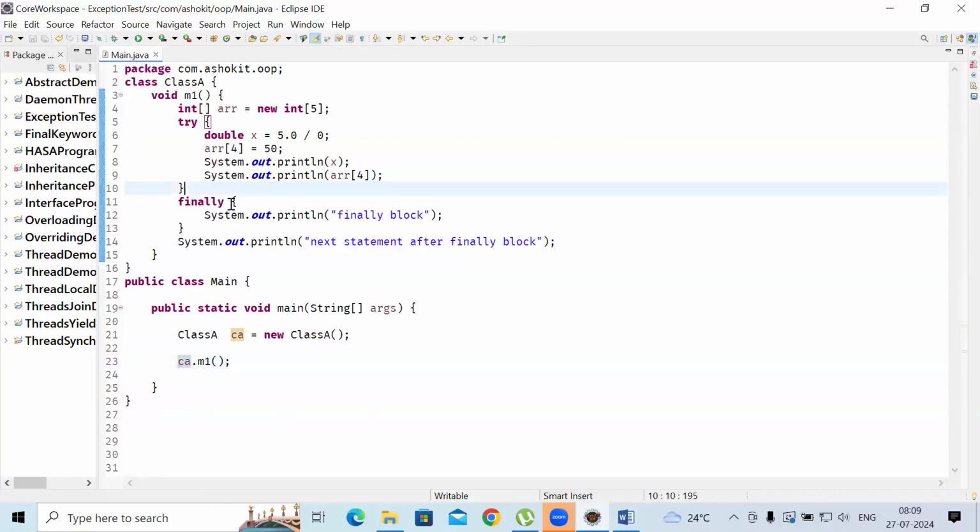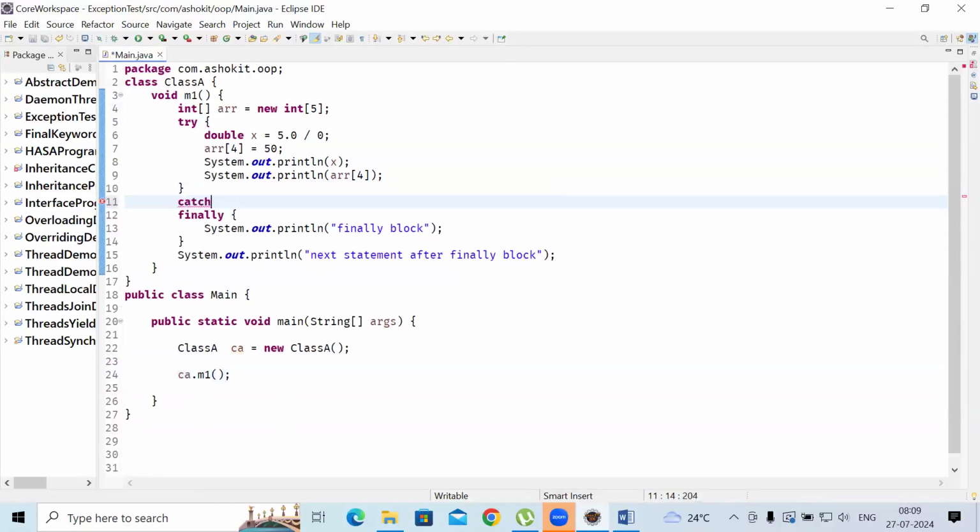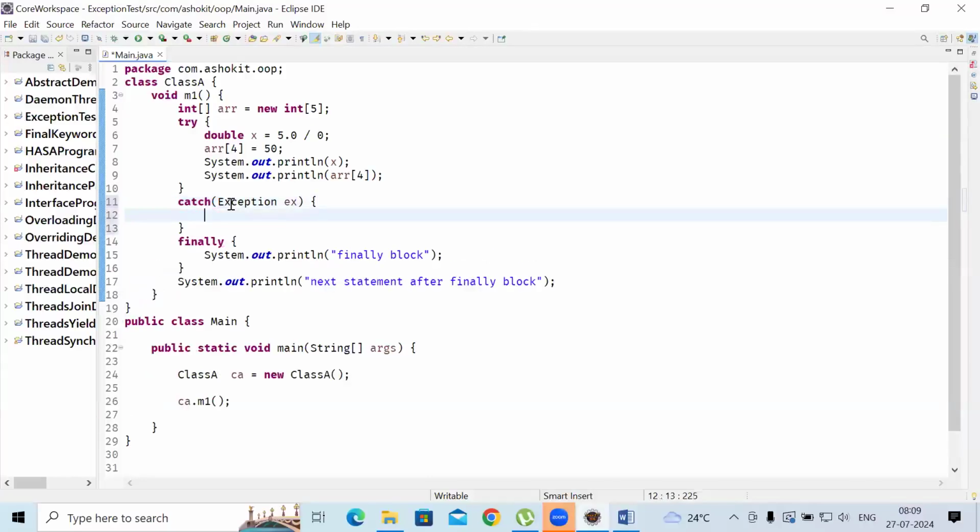I'm writing catch also: catch Exception EX, System.out.println of EX. Now this time I have the try block, catch block, and finally block, all three.